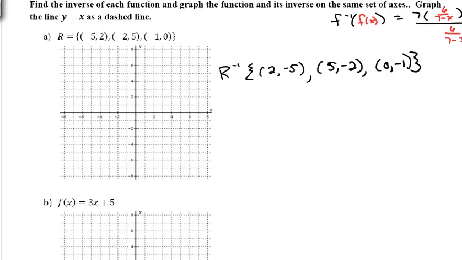I am going to graph our function in black. And so we have negative 5, 2. And we have negative 2, 5. And we have negative 1, 0.